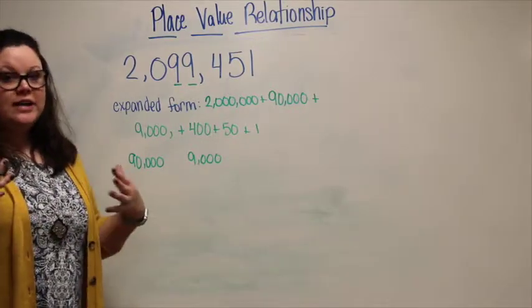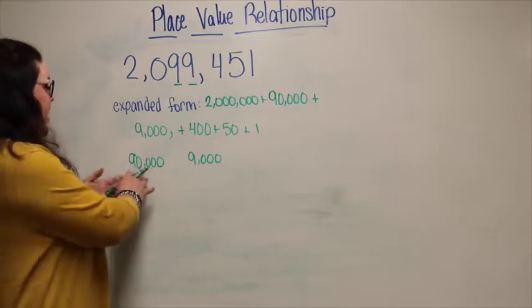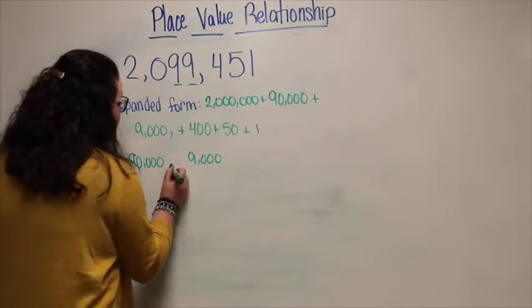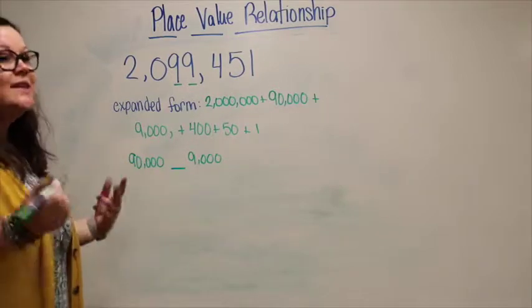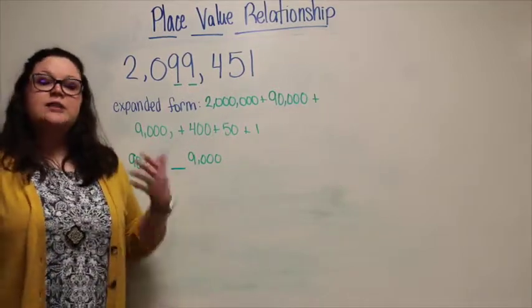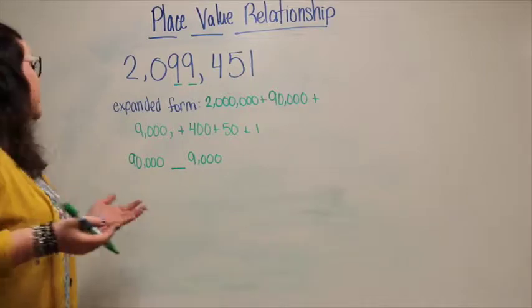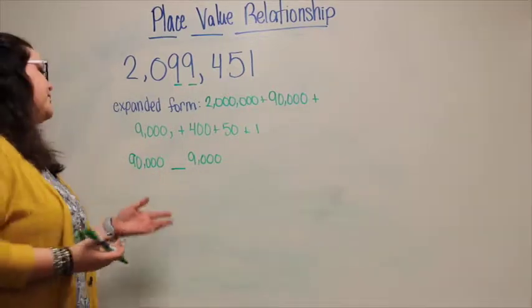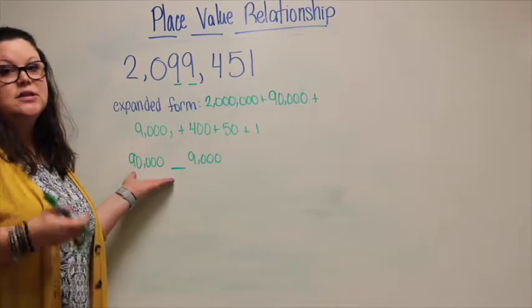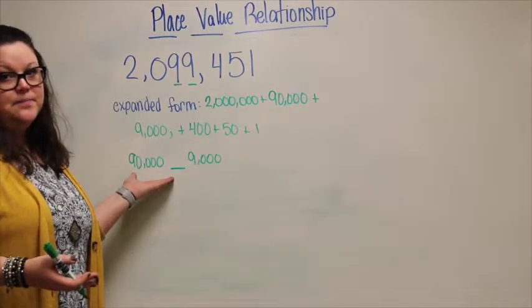And how I can read this is I can say 90,000 is blank of 9,000. So let's think about that. Which number is greater? Is 90,000 greater than 9,000, or is it less than 9,000? Clearly we can see 90,000 is greater than 9,000.